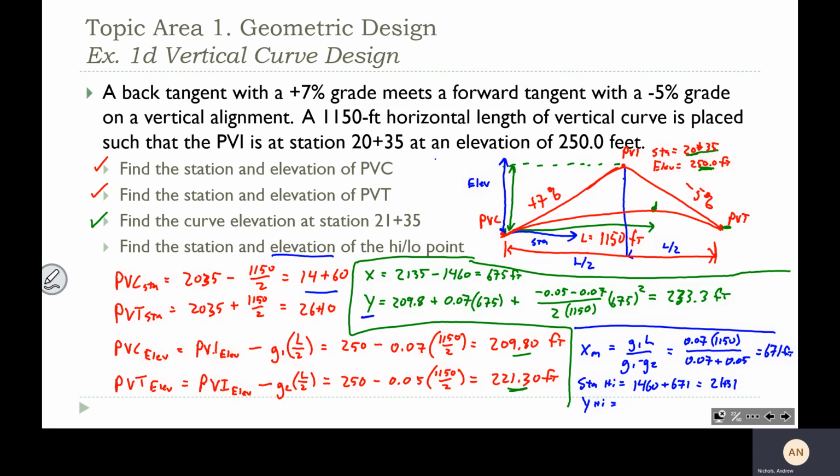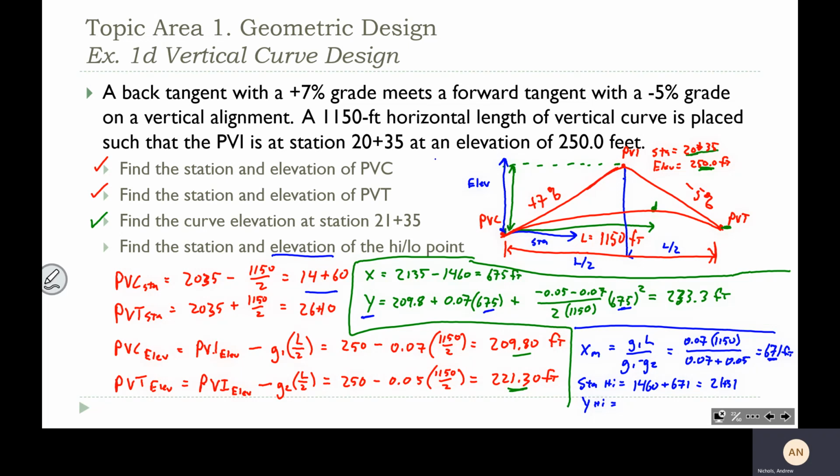So up here, we use this Y equation to calculate the elevation at an X equals 675. So we would use that exact same equation, only instead of 675, we would use 671. Because the equation of the parabola is what it is. It's just you're plugging in different values of X.